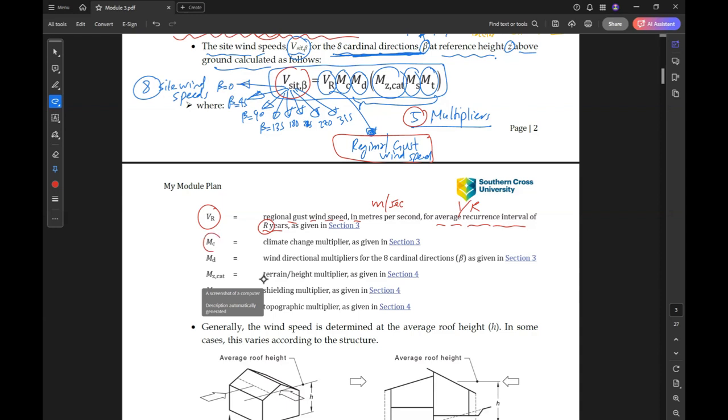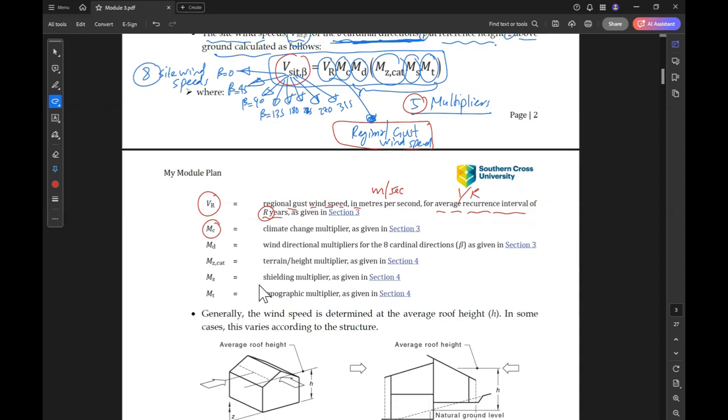So we have MC, which is the climate change multiplier. MD is the wind directional multiplier for the 8 cardinal directions. So MD is the factor that gives us the 8 values of V site beta.